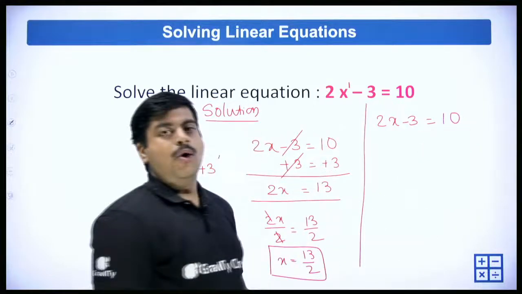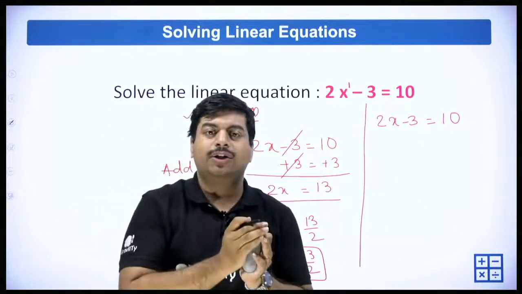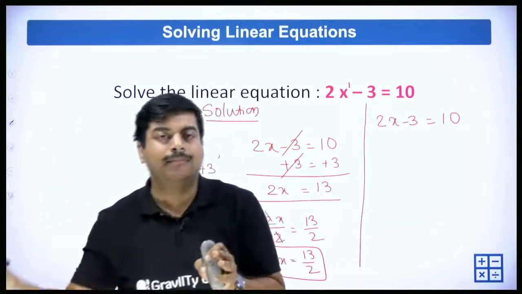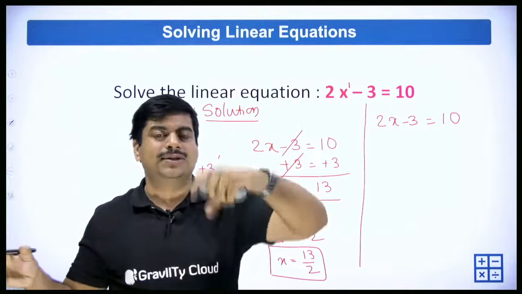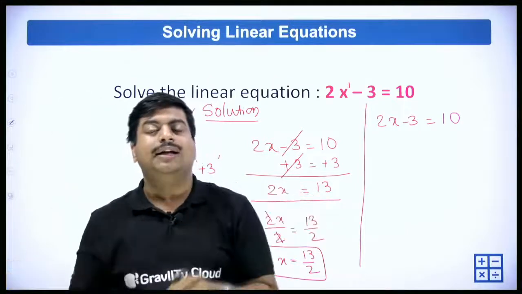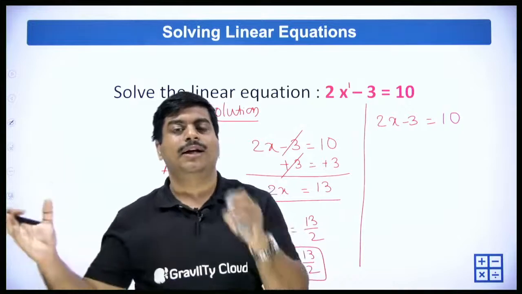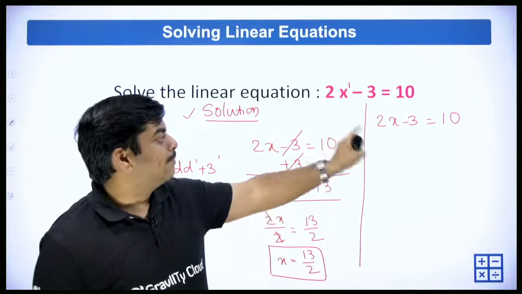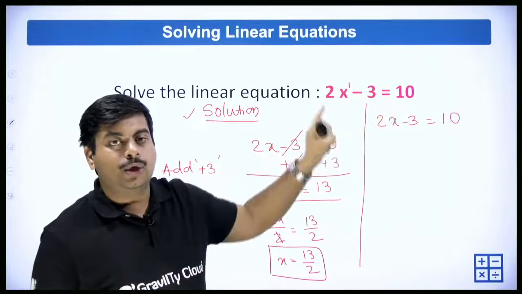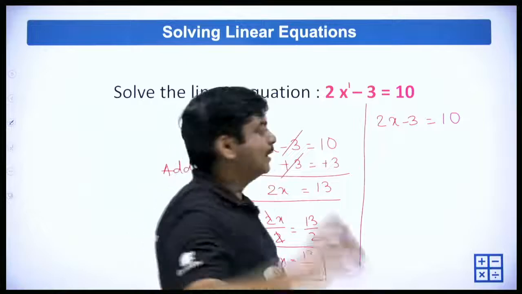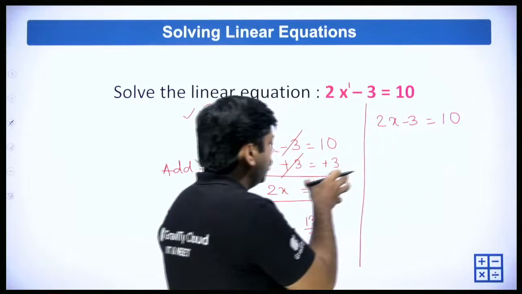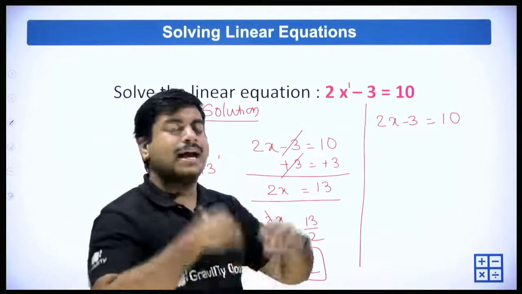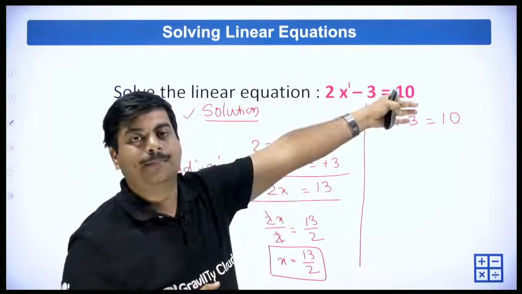Whenever you have one number and you want to transfer it to the other side, if it is in addition, that will become subtraction. If it is in subtraction, that will go for addition. If it is multiplied, then it will be divided. If it is divided here, that will be multiplied. That means, see here, 2x minus 3 is equal to 10. Instead of writing adding plus 3 on both sides, we say we transfer that minus 3 to the other side.